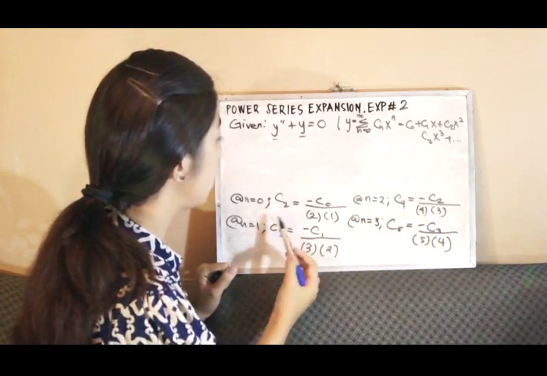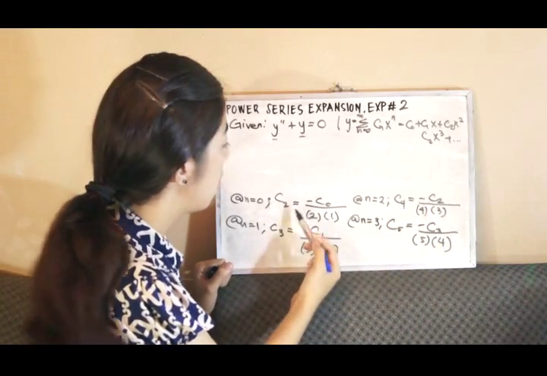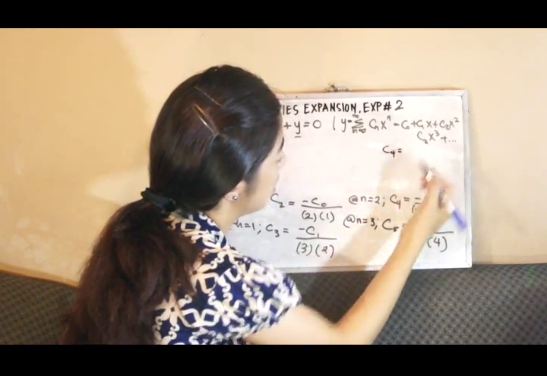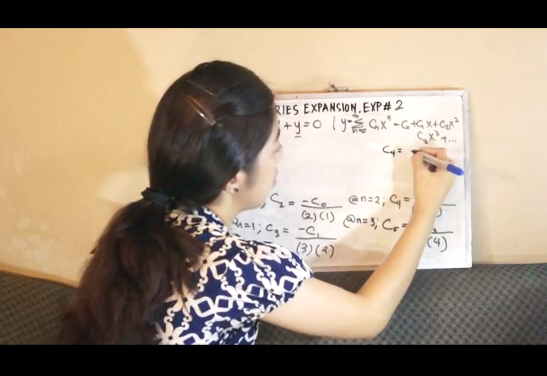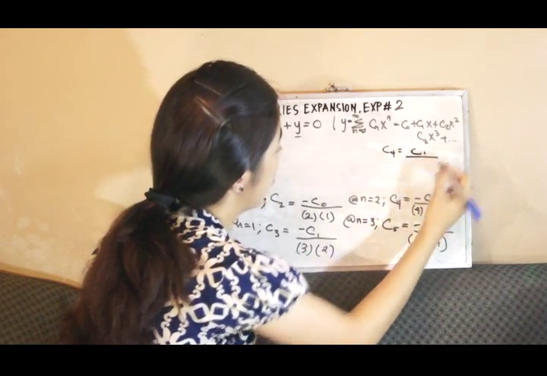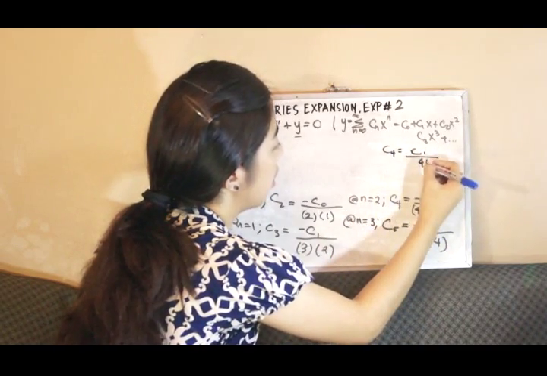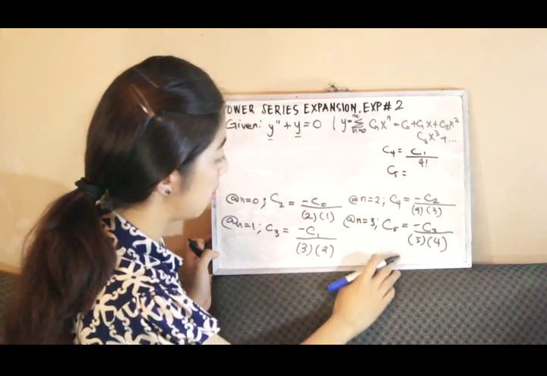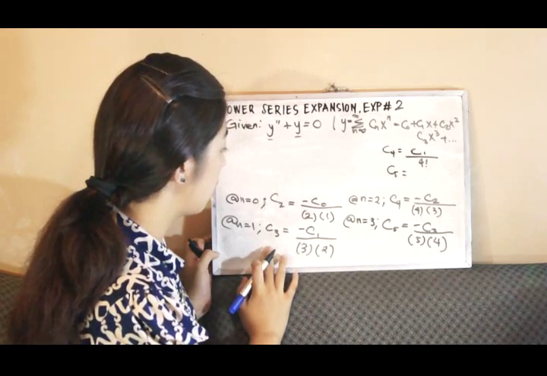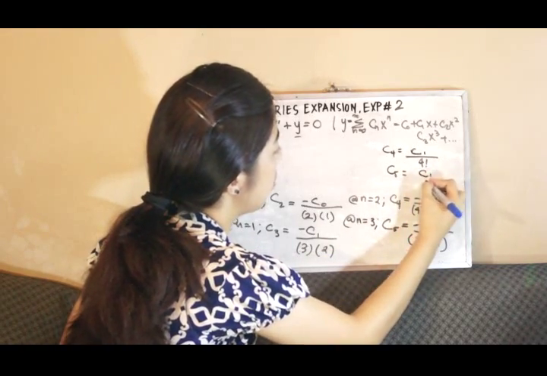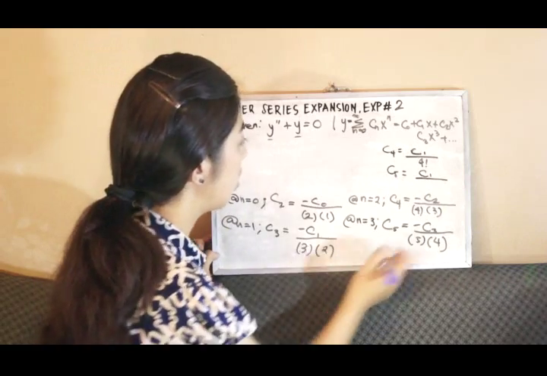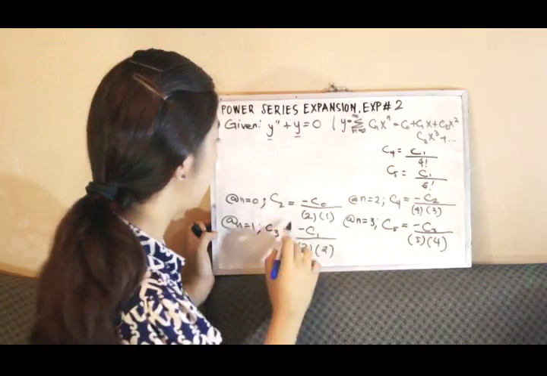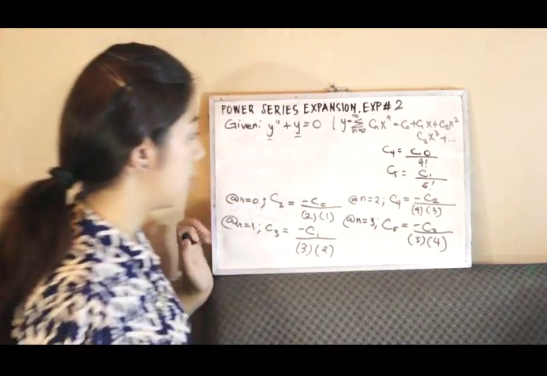So c sub 2 is equal to negative c sub 0 over 2 multiplied by 1. So c4 could actually be positive c sub 0 over the factorial of 4. And c sub 5 is now equivalent to positive c1 over factorial of 5. There you go.